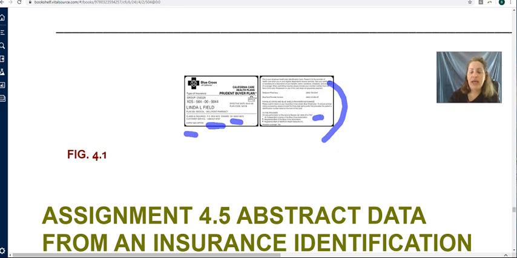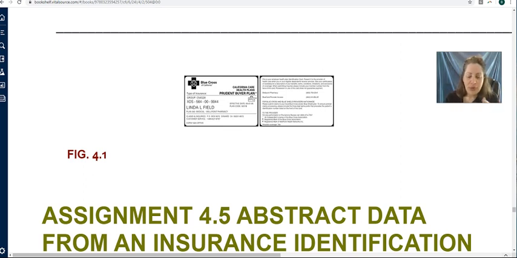So every insurance company creates their cards to look however they want. So there is not any consistency in how these cards are going to look unless you're seeing repetitive ones from the same insurance. So if I saw a lot of Blue Cross of California insurance cards, they probably all look alike.